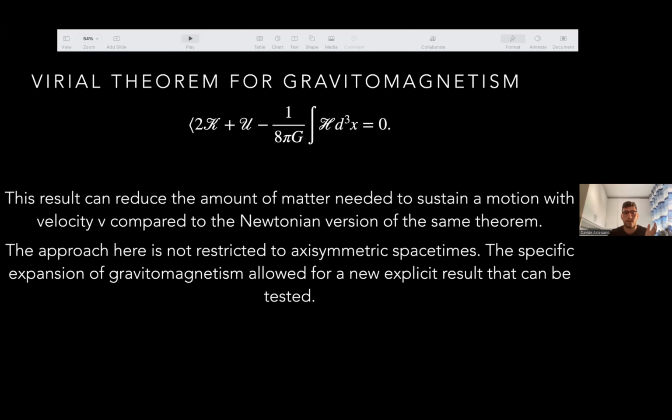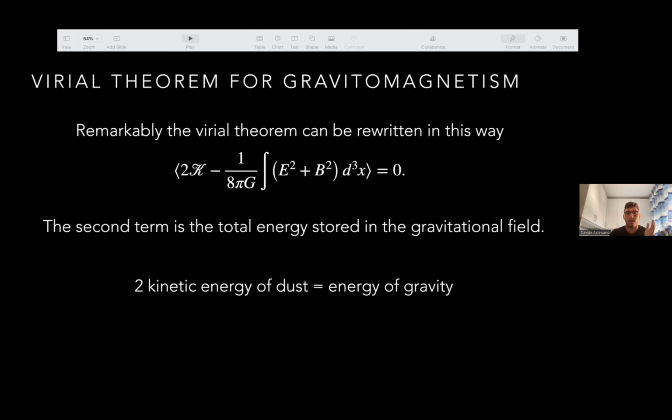I think that the result is very nice because you get this: 2 times the kinetic energy is equal to the integral of a squared plus b squared. If you do the calculation again, for gravitomagnetism, for electromagnetism, this is straightforward. This is the energy stored in the electromagnetic field. But in general relativity, I did all the calculation again from a covariant perspective, and you get that again.